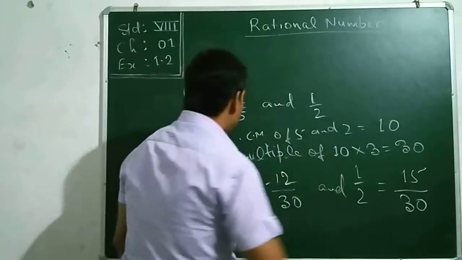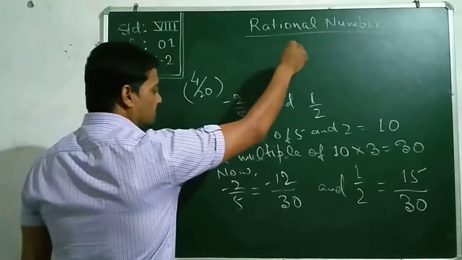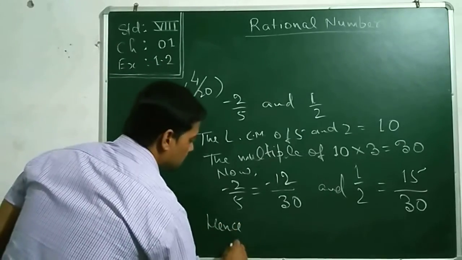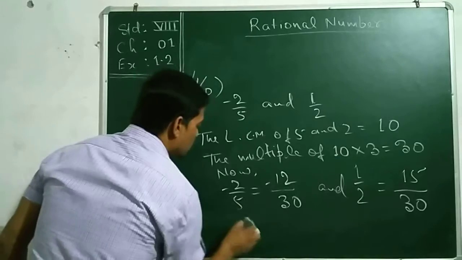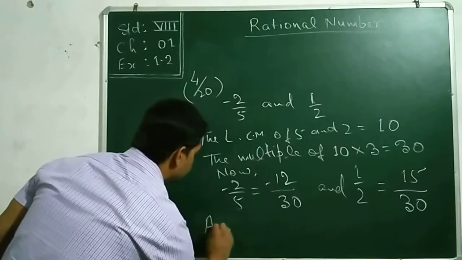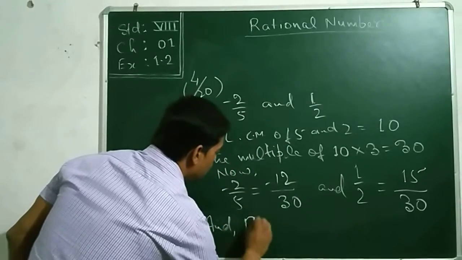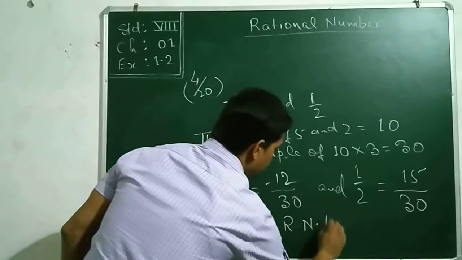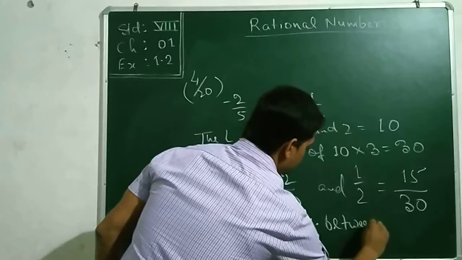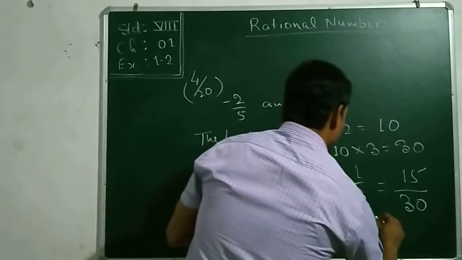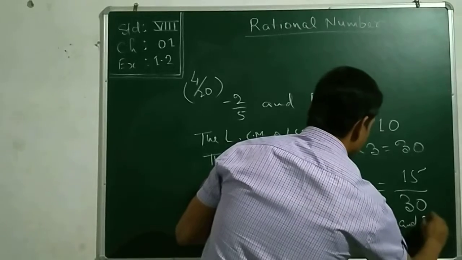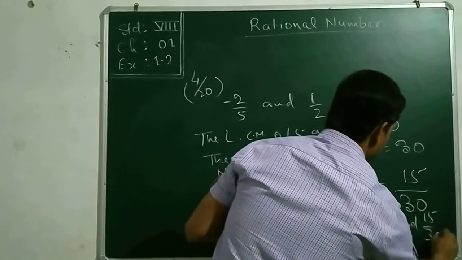Now what do we need to find? Hence, 5 rational numbers between minus 12 by 30 and 15 by 30 are.